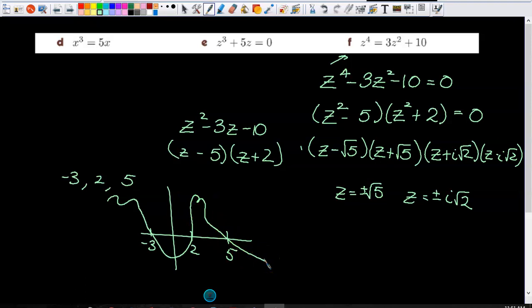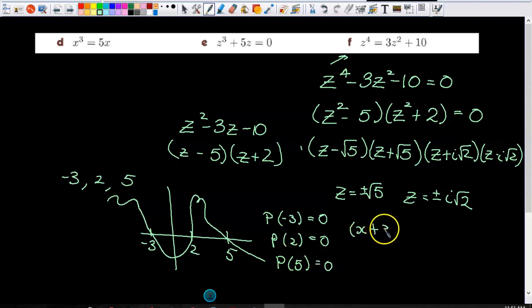And so from this, it has to be that p of -3 equals 0. It has to be p of 2 equals 0. It also means that x plus 3 is a factor. It also means that x take 2 is a factor, etc., etc.